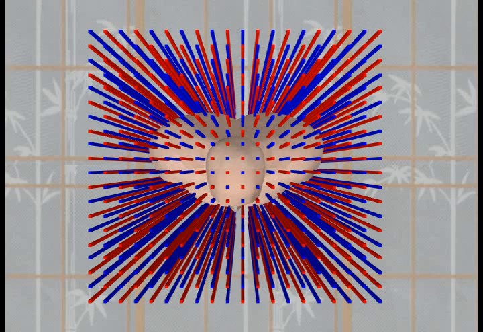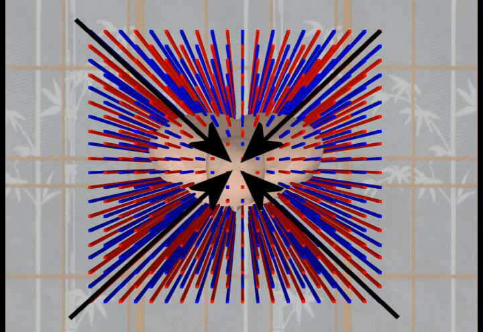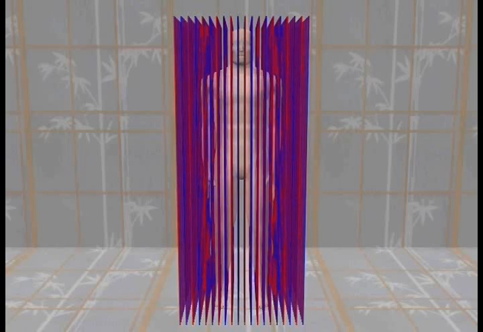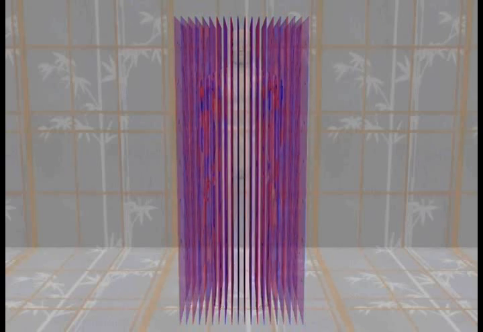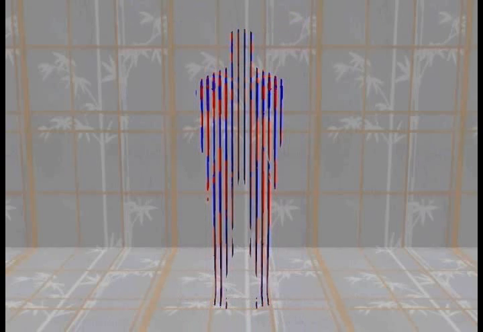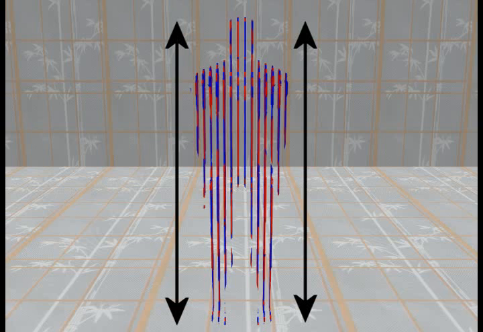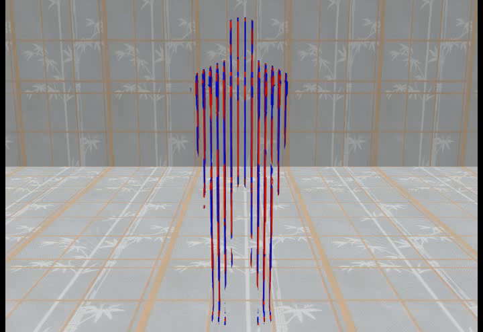The overhead view of the two objects is then shown, so the location of the human body in the center of the grid of fibers can be verified. Next, all of the fibers that lay outside of the boundaries of the model human body are removed. What remains is a grid of vertically running fibers in the shape of a human body.